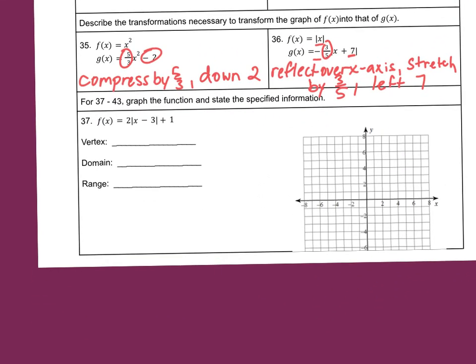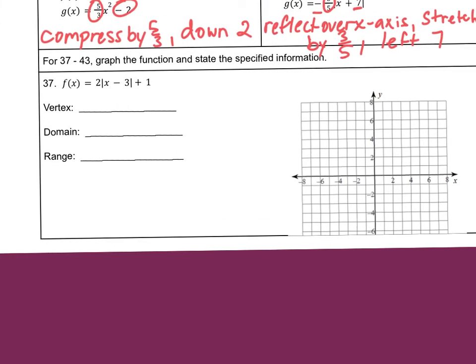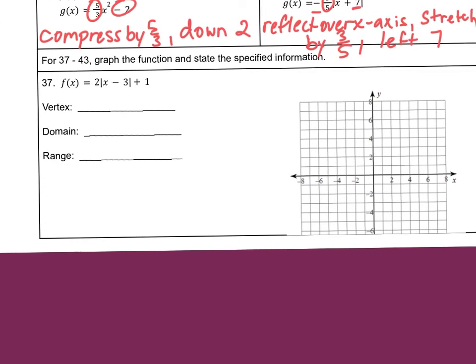Moving right along. Heading on down to the graphing functions section. Definitely pay attention to each of these and how we do this. No matter what you're graphing, make sure that you find the vertex first. So we look, what kind of function is this?